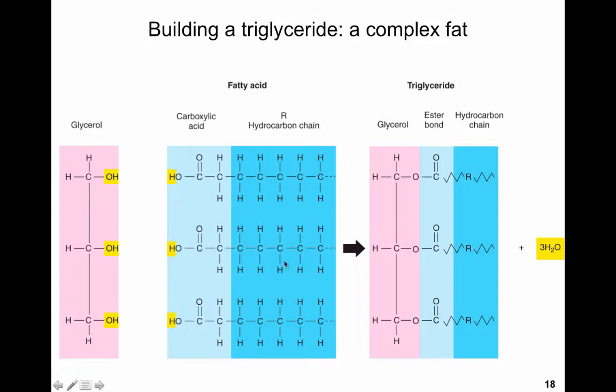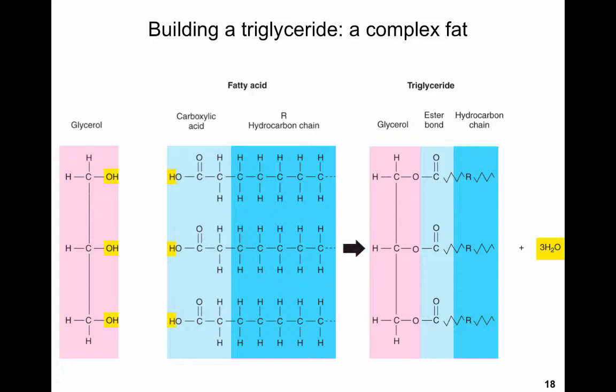And then we would take those 3 fatty acids, combine them with a glycerol molecule, which is 3 carbons long. So at each one of the carbons, we would connect one of the fatty acids, and now we have this complex fat called a triglyceride.